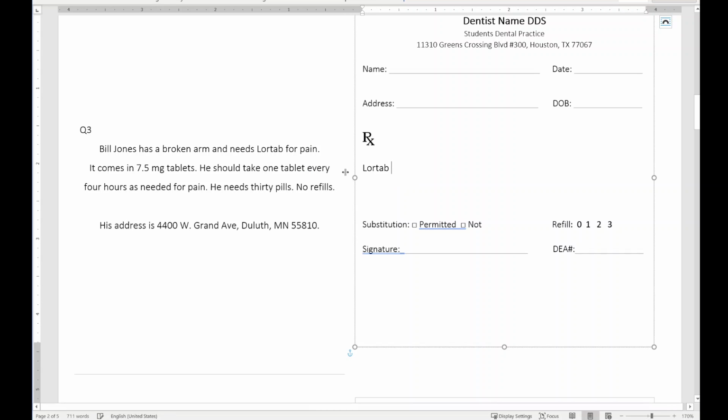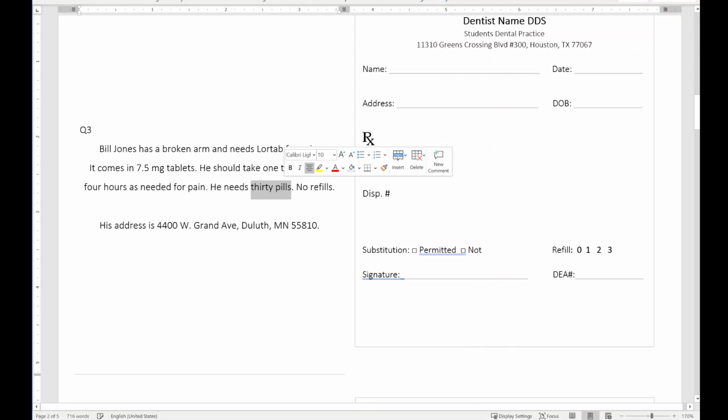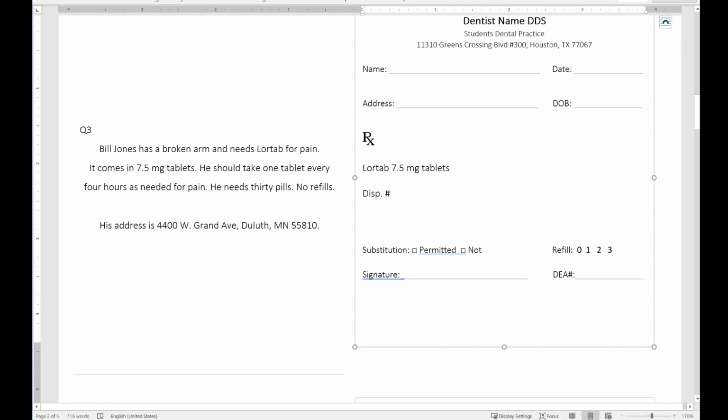That's the drug name. The strength is what? 7.5 milligrams. And tablets, that's how they come in. We need dispense and a hashtag. And the dispense, we didn't need to count it because it says here 30 pills. He needs 30 pills. So let's put 30.